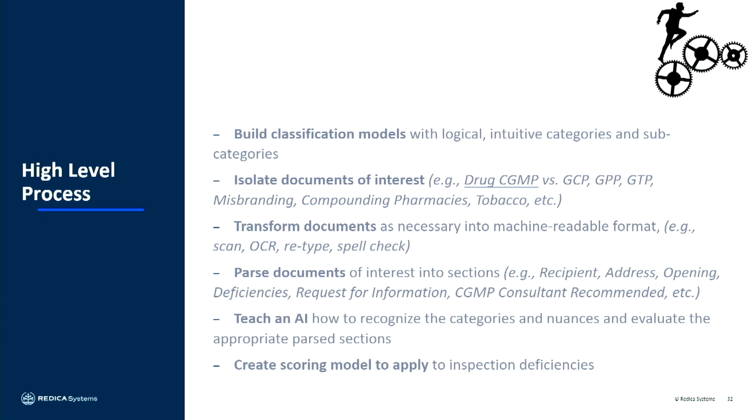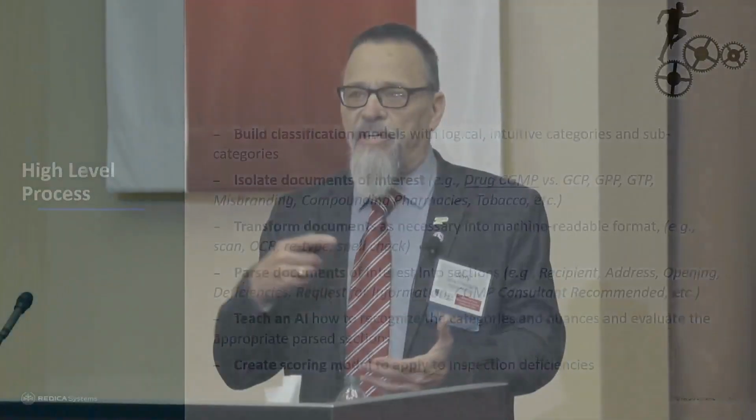And if you don't do that, if you just do a general search, and we've experienced this when we were building these models, you're going to get a lot of false positives. You're going to find things that are identified in the request for information section, for instance, where FDA is requesting certain information, but that wasn't necessarily a deficiency on the inspection. So it's important that we have these parsed. We're going to talk about teaching in AI and then how we created a scoring model.